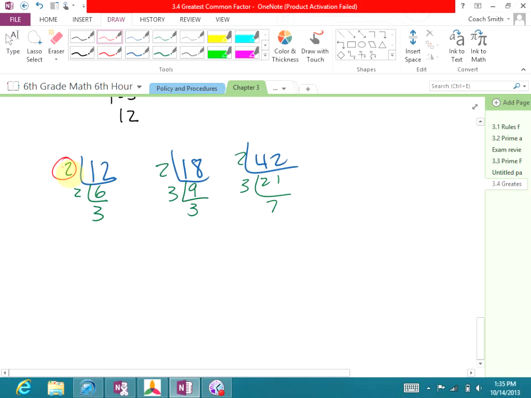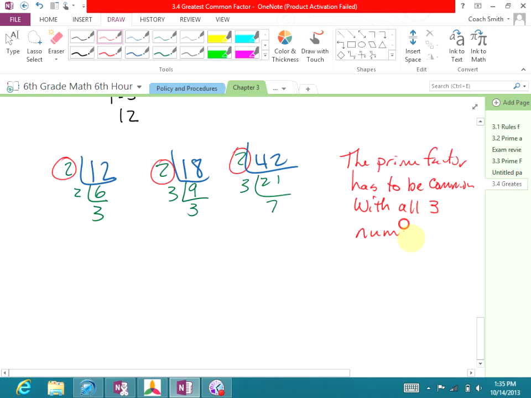So there's a 2, there's a 2, and there's a 2. They have to be common. The prime factor has to be common with all three numbers.